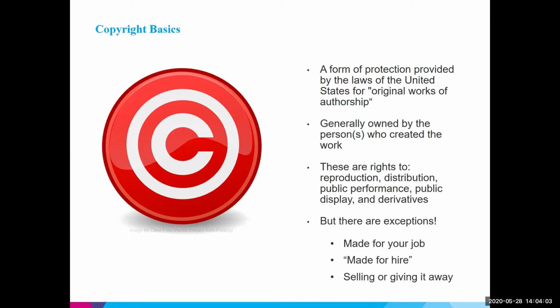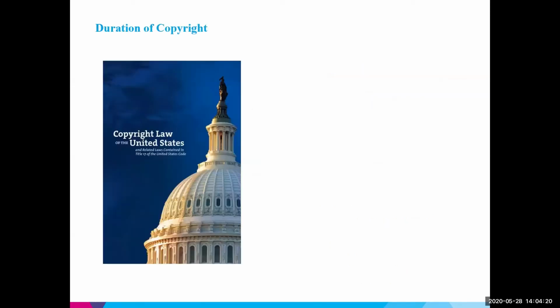And the third one, which probably seems pretty obvious, but I do have to mention it because the consequences surprise a lot of people, is if you sell or give away your copyright, you no longer have it. All right, so that's the general basics of copyright.